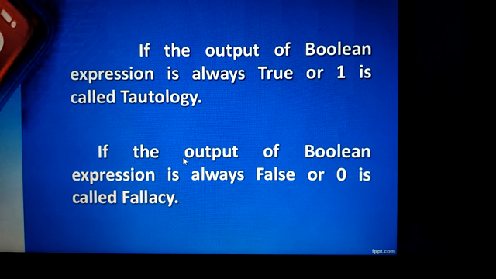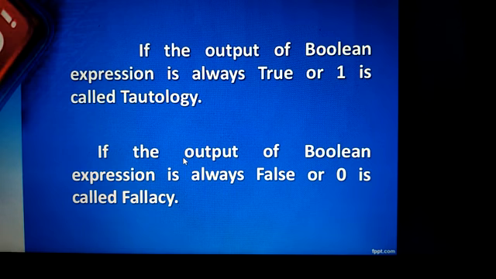For example, if you open any machine and it starts running, that means it is in correct form. So it represents a true value or 1 value. When it starts running, it is called tautology.